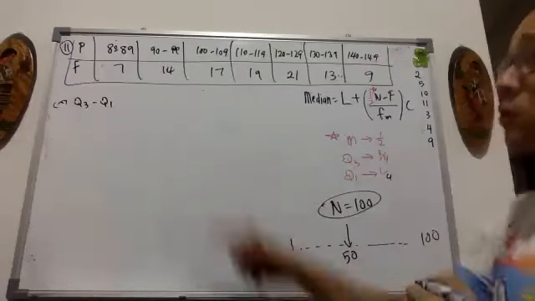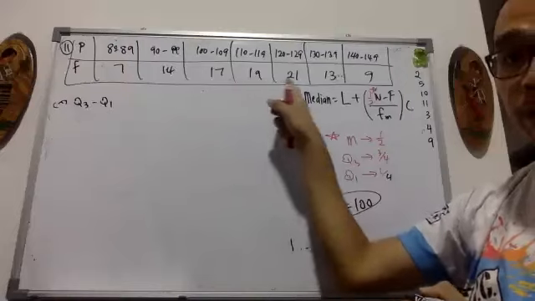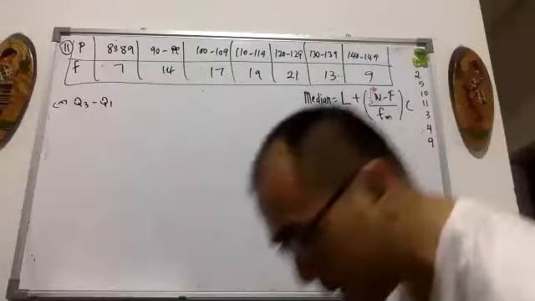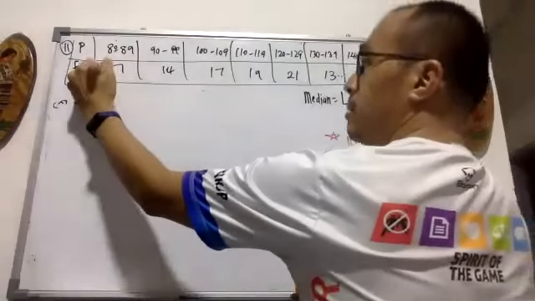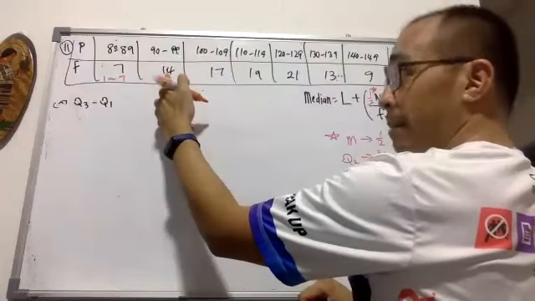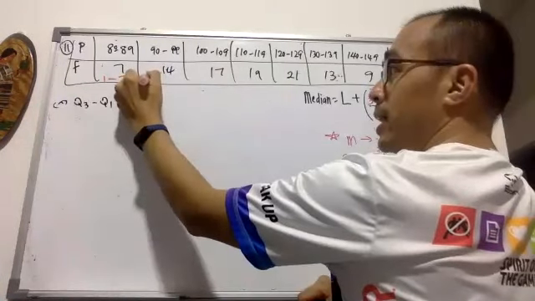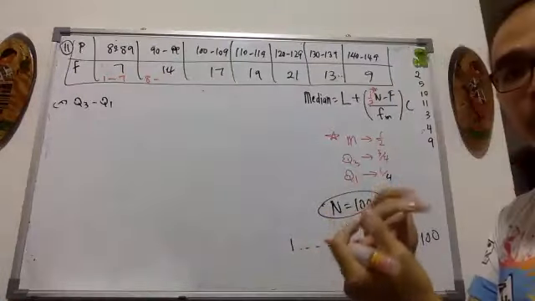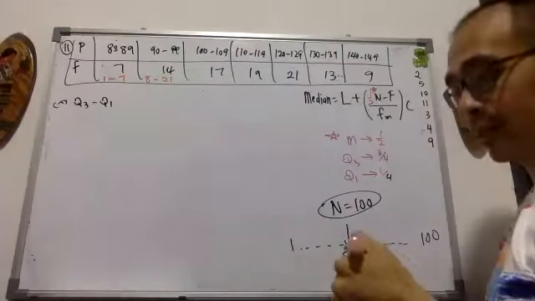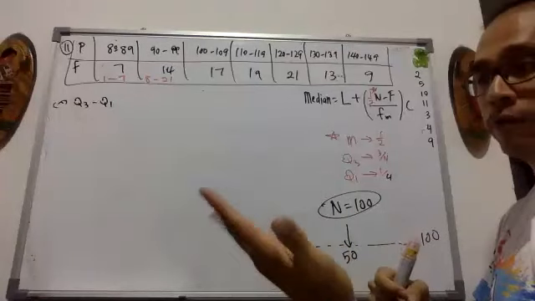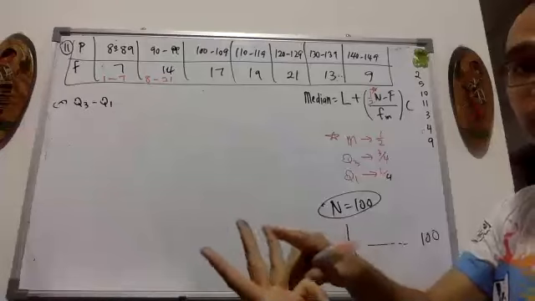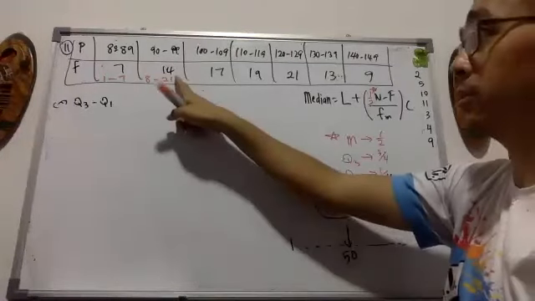So let's look for the 50th person. This is person number 1 until person number 7. We add 14, so this is person 8 until 21. We count 8, 9, 10, 11, 12, 13, 14, 15, 16, 17, 18, 19, 20, 21. The 21st person is in this group.